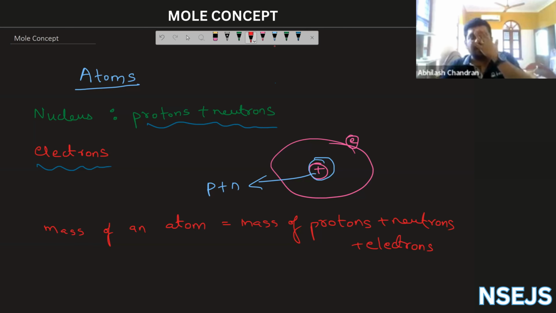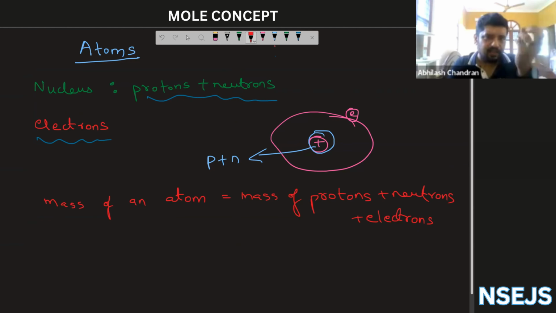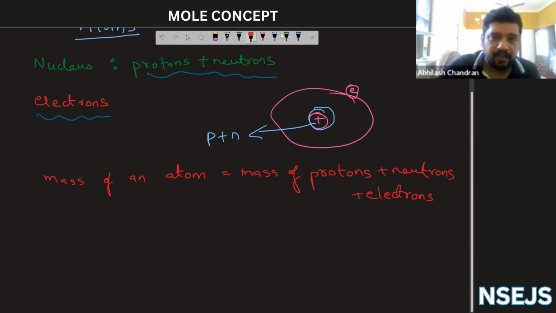This should tell us the mass of the atom. All of these masses combined, your protons, neutrons, and electrons, have some mass. That will be the mass of your atom if there is nothing else in there.